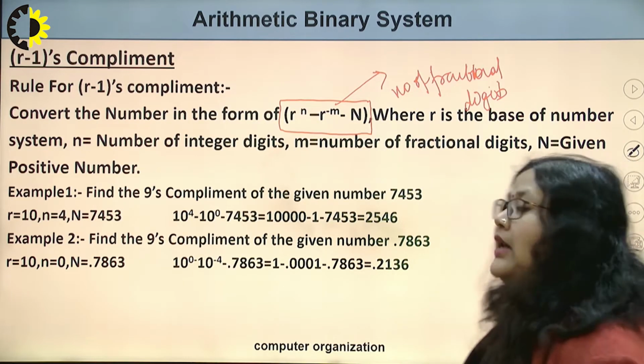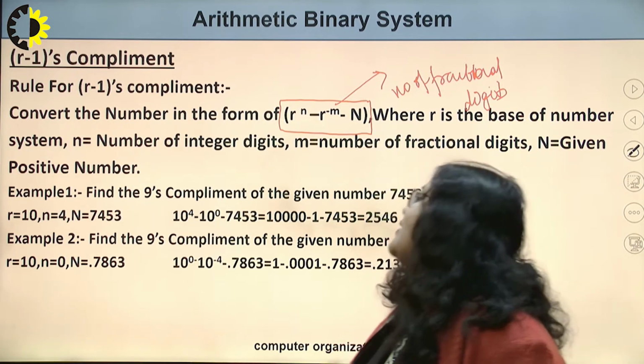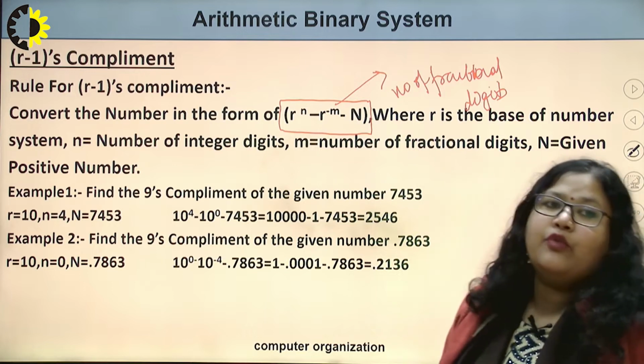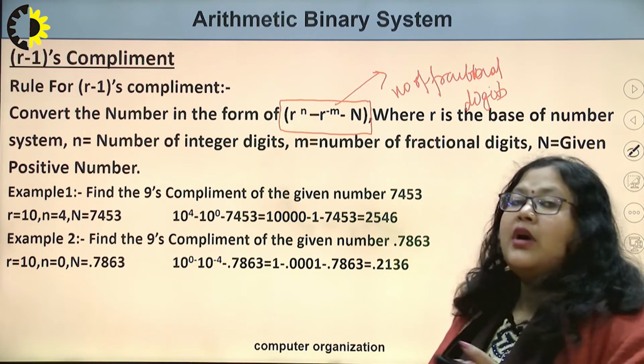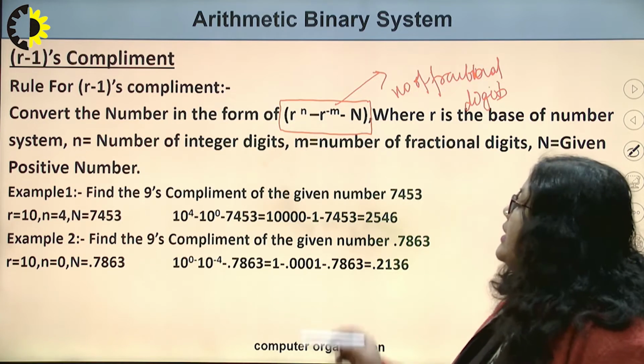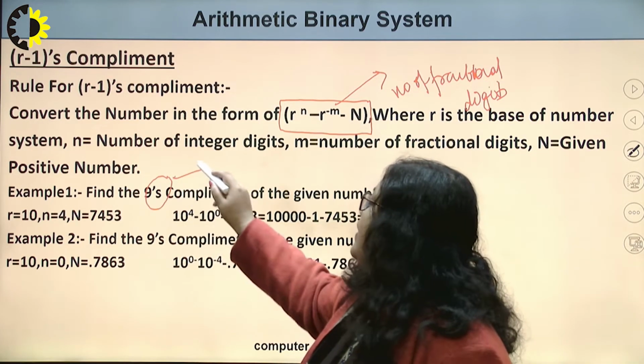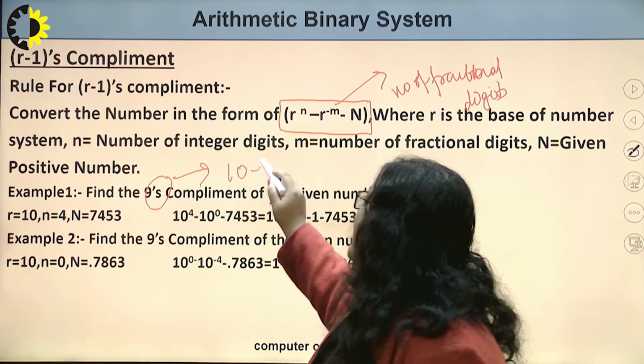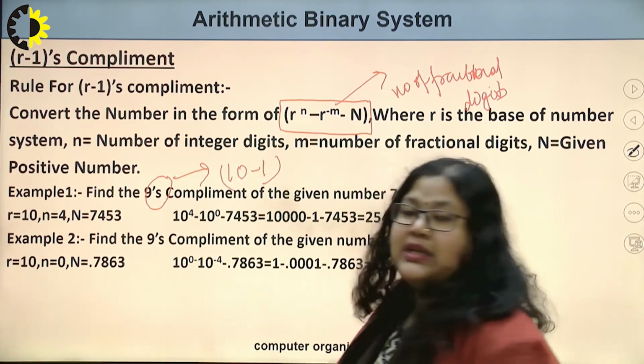Let's take an example: find the 9's complement of the given number 7453. How do we convert this number in the R minus 1's form? The radix R is 10, so 10 minus 1, this is R minus 1, so it is the 9's complement.